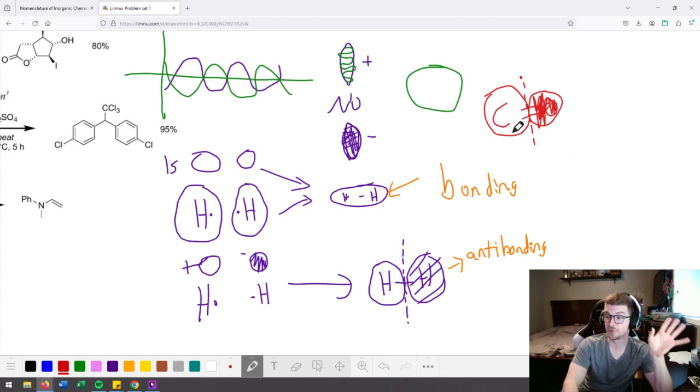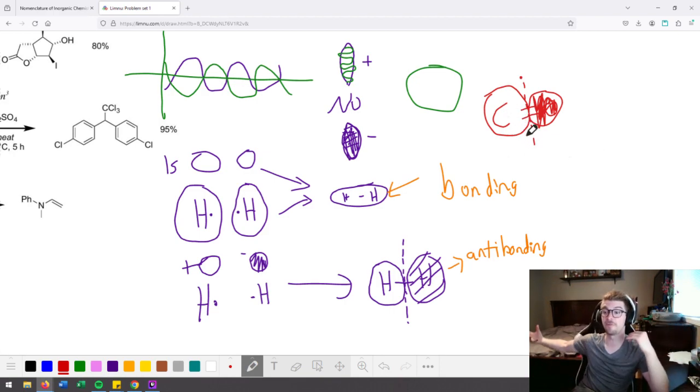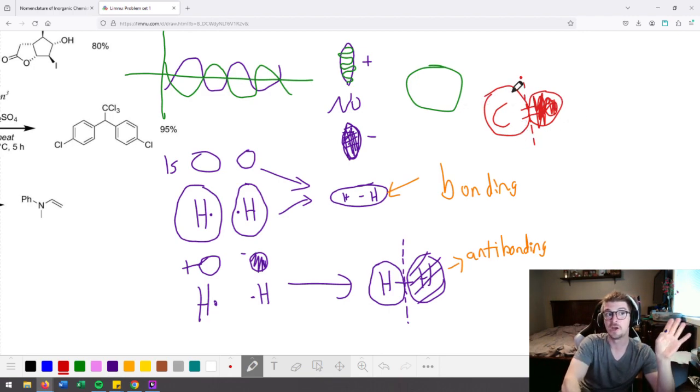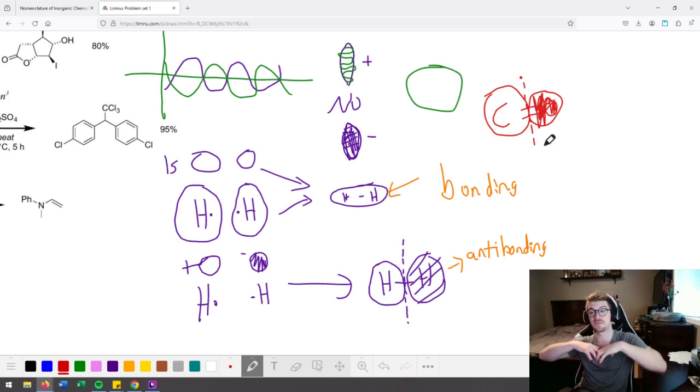So if a full orbital comes and overlaps with this carbonyl antibonding orbital, if you fill this, you break a bond between the carbon and oxygen. But there's two bonds between the carbon and oxygen, so they don't actually separate the atoms. They get a little bit further apart. This bond lengthens, but it doesn't break.